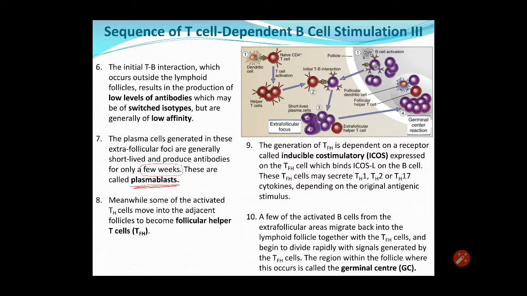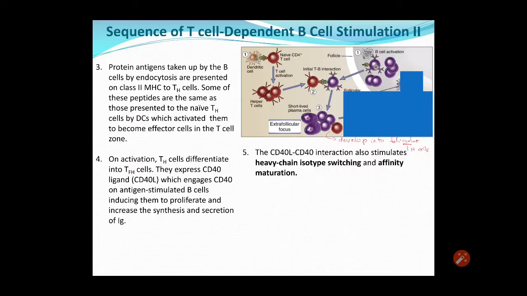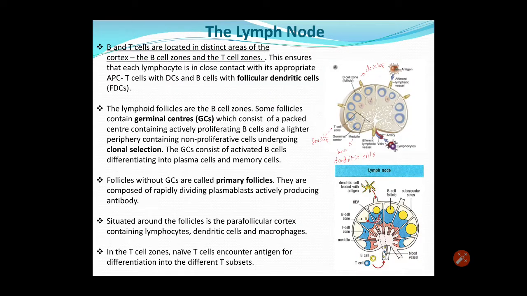In the meanwhile, some of these plasmablasts will also migrate into the B cell zones, into the follicles, and these are these dense cores, these parts, which are called germinal centers.